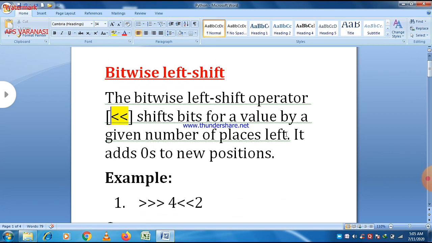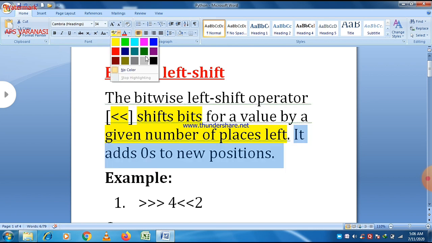Remember that the given number of places to the left is also very important, and it always shifts bits, meaning 0 or 1. The third important thing is that it adds 0 to new positions.